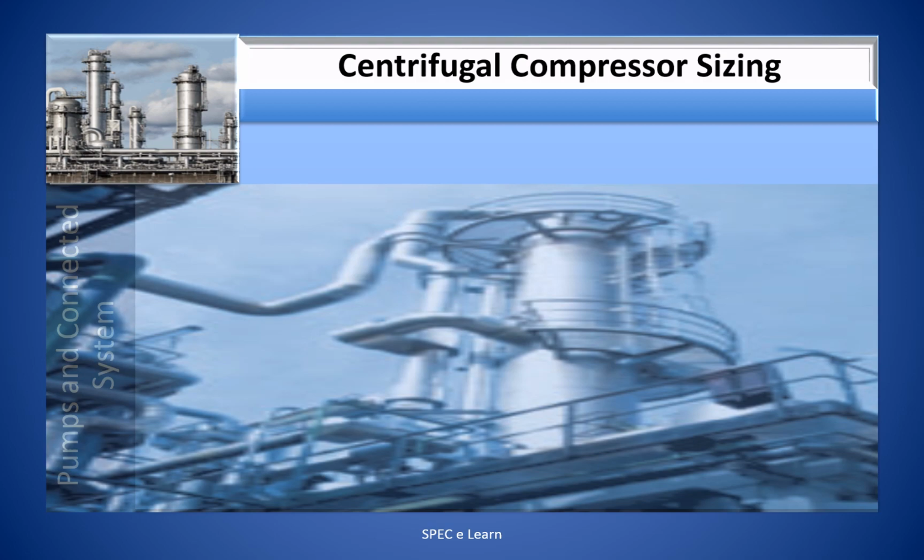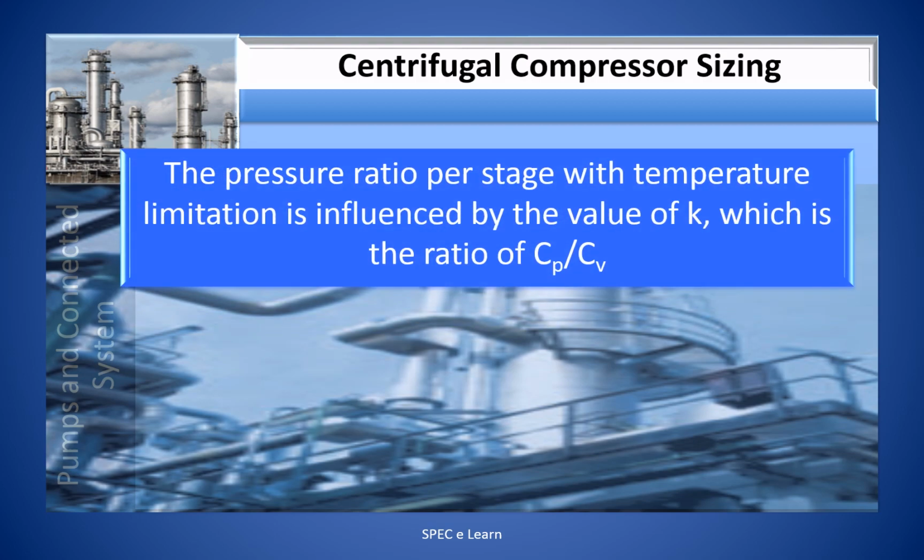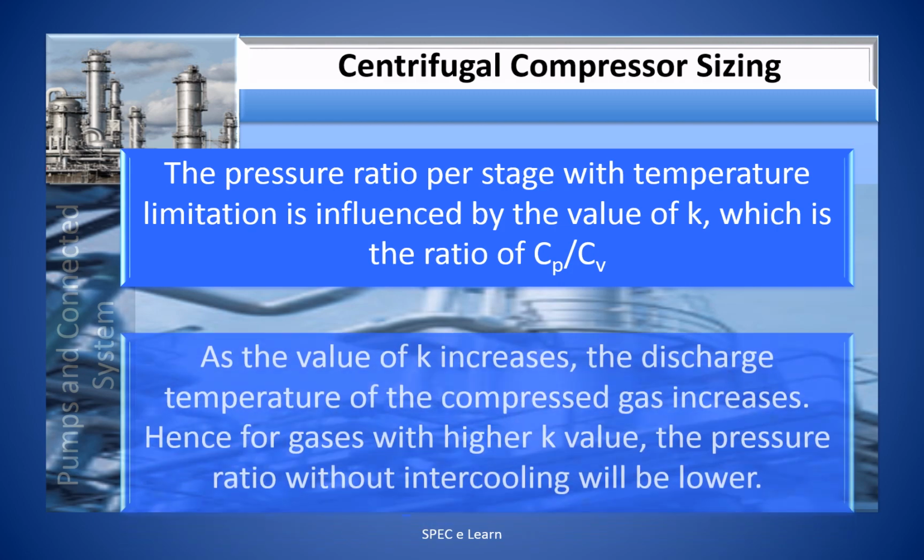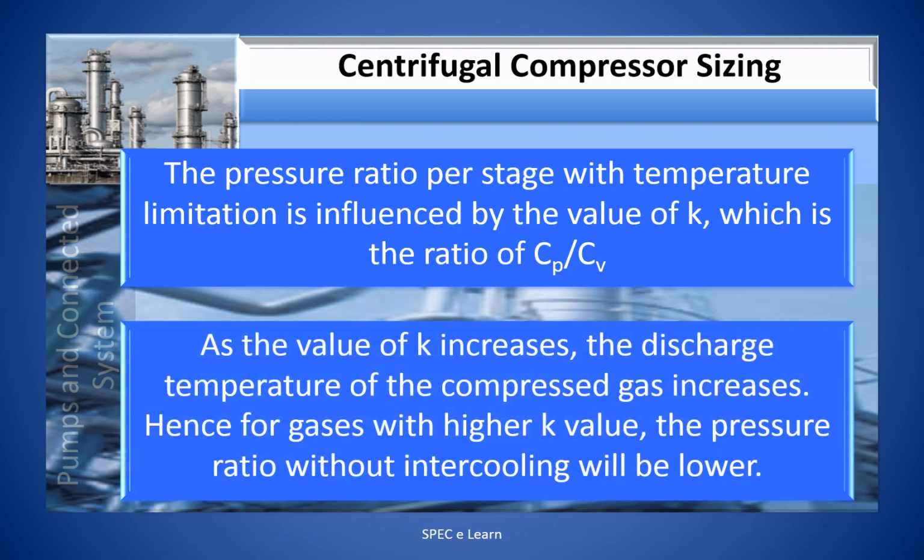The pressure ratio per stage with the temperature limitation is influenced by the value of K, which is the ratio of specific heats. As the value of K increases, the discharge temperature of the compressed gas increases. Hence, for a gas with a higher K value, the pressure ratio without intercooling will be lower.